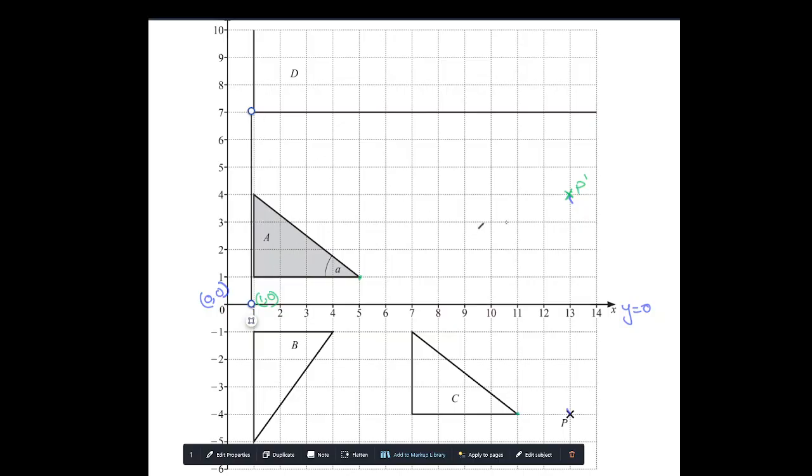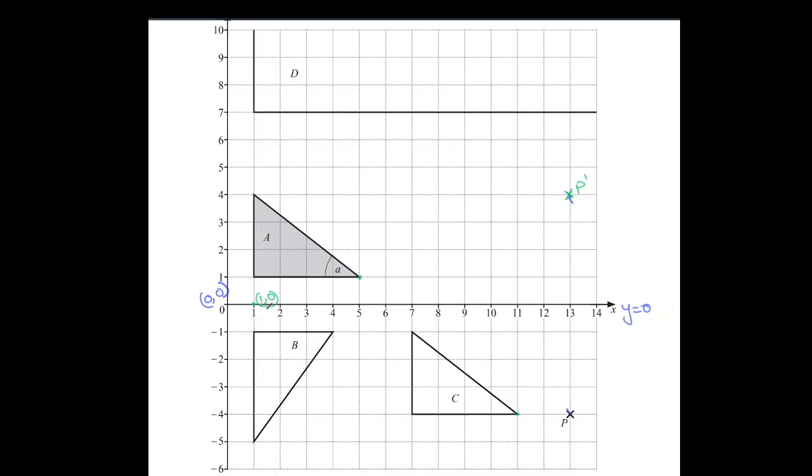You can check with the side also. This horizontal side is 1, 2, 3, 4, 5. This is not completely shown, so we can't take that. But you can check the distance from the center to the corresponding vertices. This is 1 and this is 7, so the scale factor is 7. And the other two vertices we need to find out.